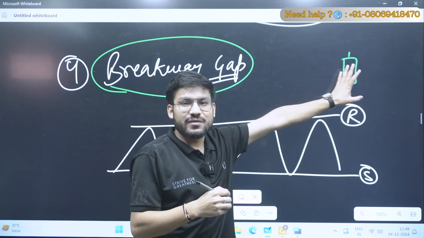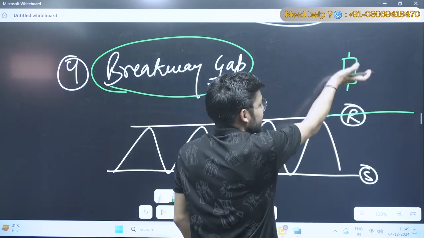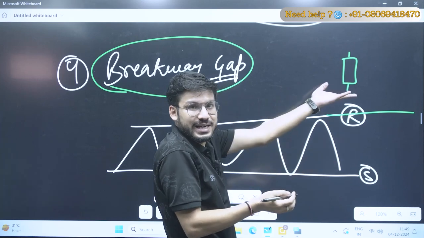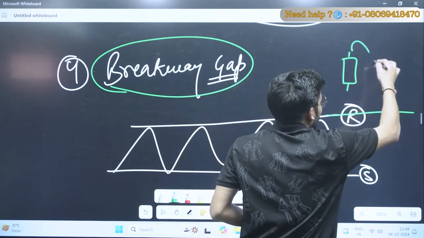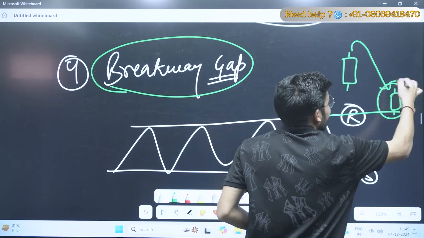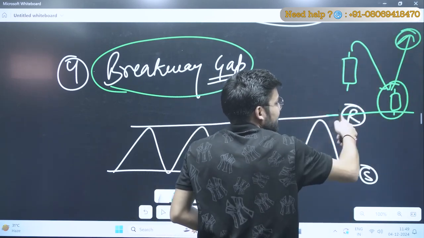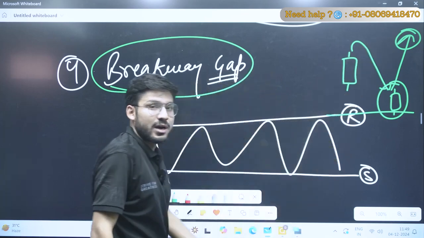Now whenever there is a breakaway gap, usually what happens is that if the market opens above this resistance without breaking it, it will come back to this resistance, act as a support, and then go up again from here. So you have to wait for the market to retest the resistance, and then it will go in the upward direction.